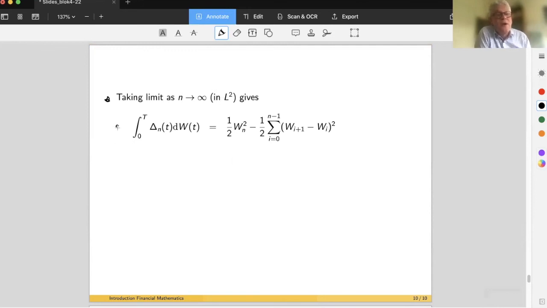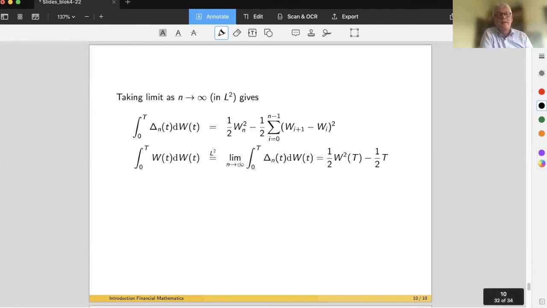So here we repeat the thing that we just found on the previous slide, the integral from 0 to t of delta n t dw_t, that we have found is equal to 1/2 w_{t_n} squared minus 1/2 the sum, i runs from 0 to n minus 1, of (w_{i+1} minus w_i) squared. Now in the limit, we will have this, right?